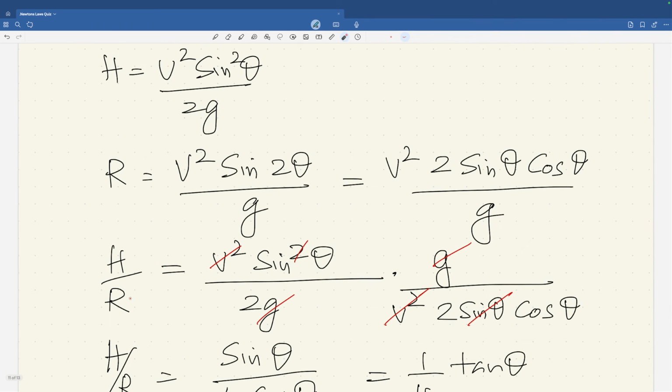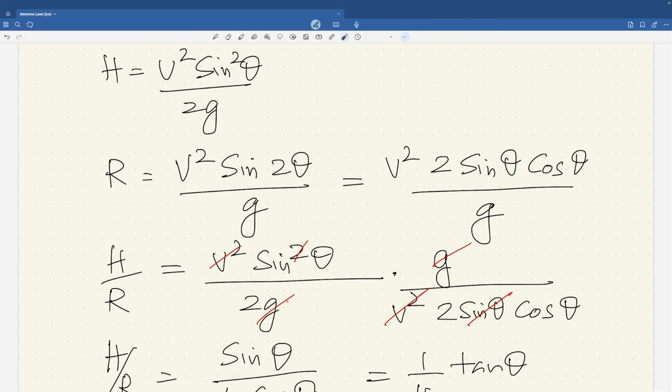H over R, and then when you divide, you know that you invert it and multiply, right? So that's what I've done. I have held this the same, which you see here, and then this one I have inverted it. So G is in the numerator, all of this is in the denominator.